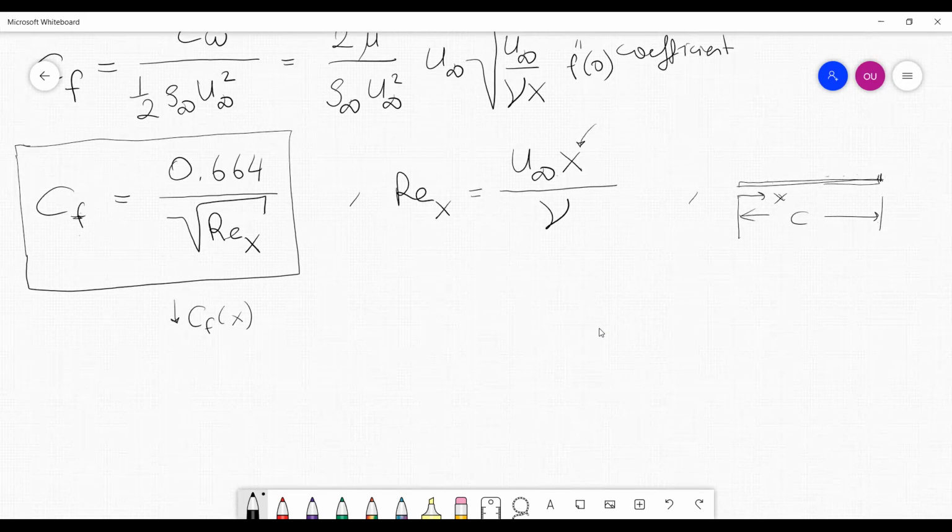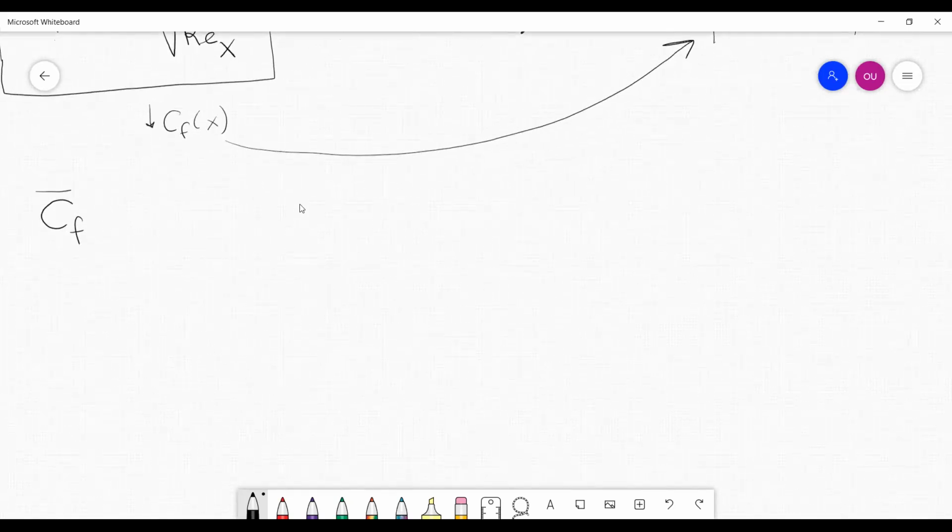Now, if you would like to obtain the overall friction coefficient over the full plate, so as I was saying in the previous hour, this CFX is changing. It's a function of x, so CF value is changing with x. But if I would like to calculate, for example, an average CF value over the full plate, this will be the drag coefficient or viscous drag coefficient of this flat plate.